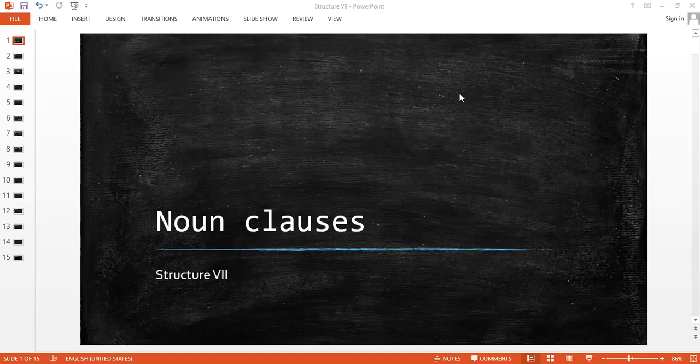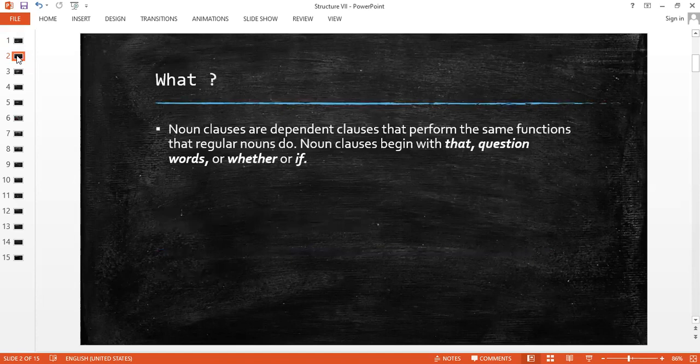For the previous meeting, we have learned adjective clauses. Now we will learn noun clauses. But before all, we have to know the definition of noun clauses, in order that we can differentiate between noun clauses and adjective clauses.